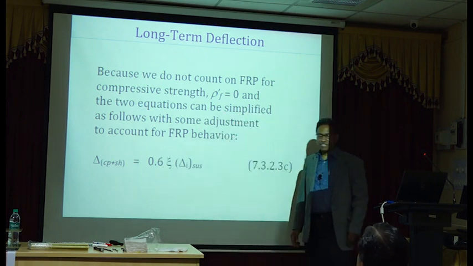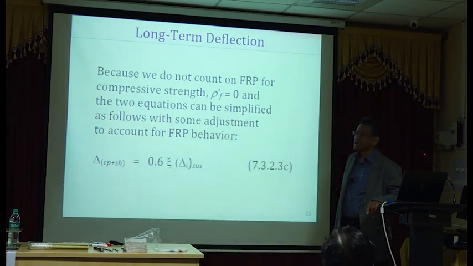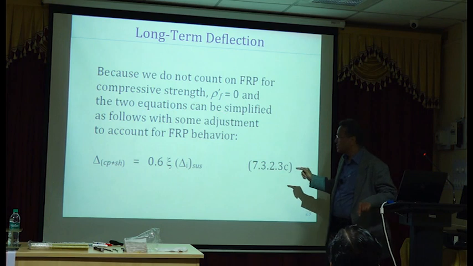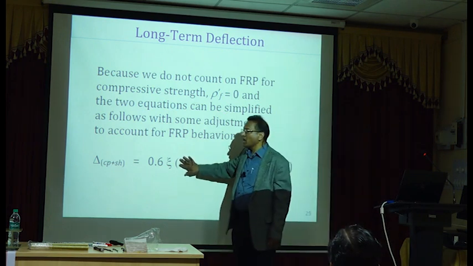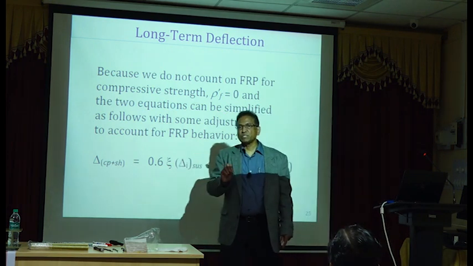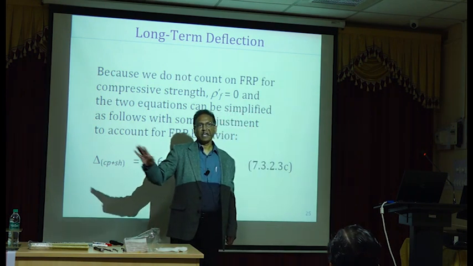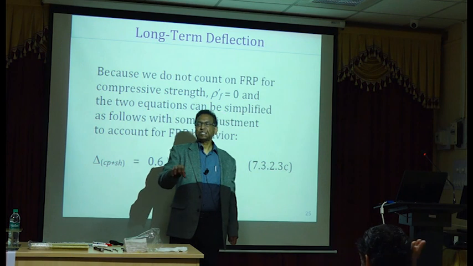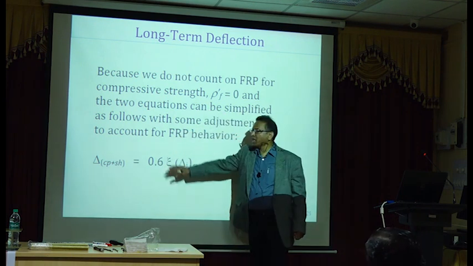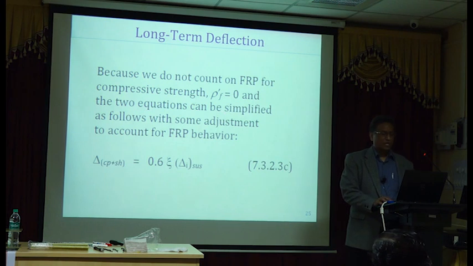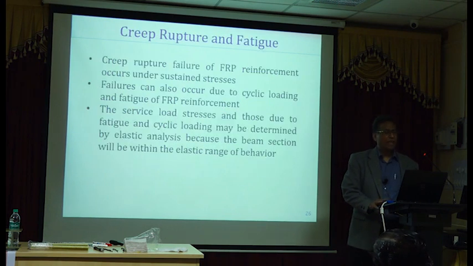So the long-term deflection due to sustained load effect is 0.6 times zeta times delta I sustained load. You first find the deflection corresponding to just the sustained load, not any other load. Plug it in here, and that will be your long-term deflection due to sustained load.